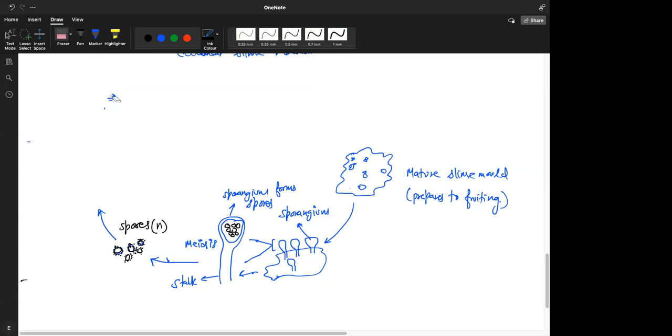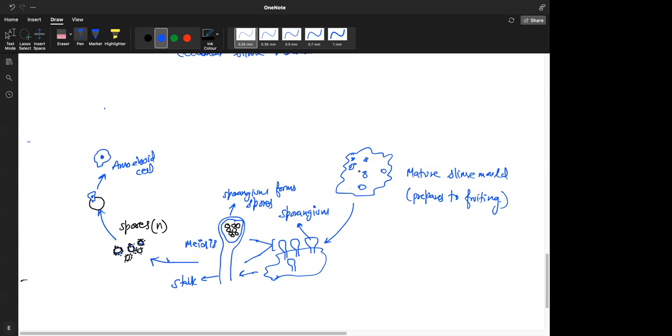So if you pay attention, now I'm just removing this part here to complete it. Now these spores, they start germinating. So let's say this is a spore, and when it starts germinating, a new cell, like slime mold kind of a cell, comes out of it, and it is called amoeboid cell, because it has no shape.